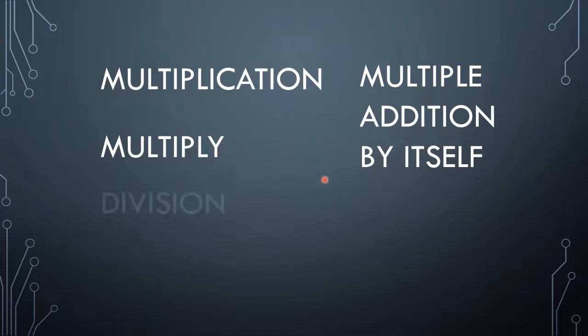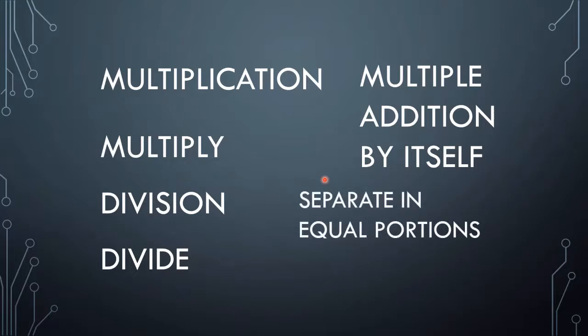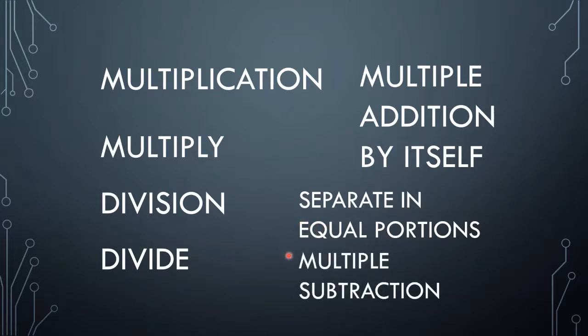Okay, now for division, we learned that division came from the root word divide, and that it's basically separation in equal portions. You separate the number or the item in equal portions. Let's remember, it should be equal portions. Or basically it's multiple subtraction, so that you can get the answer.